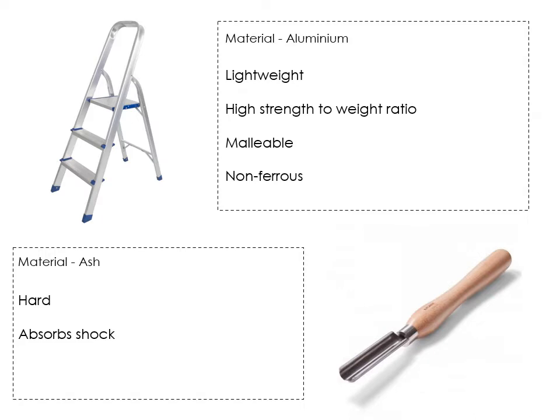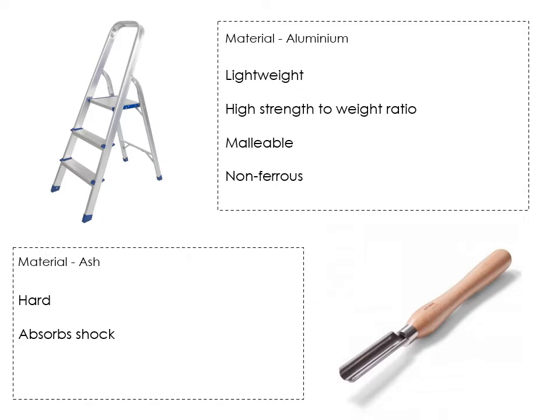One of the main reasons that aluminium is a good choice is it is very lightweight, but it has an extremely high strength to weight ratio. So it's really good for this application because the user still needs the product to be lightweight, easy to carry around, but they're going to be standing on it, so you need it to be really, really strong.